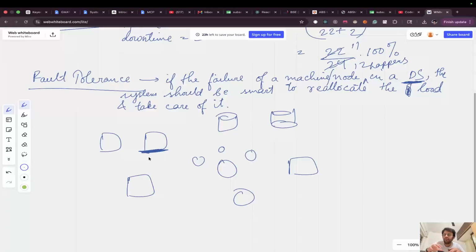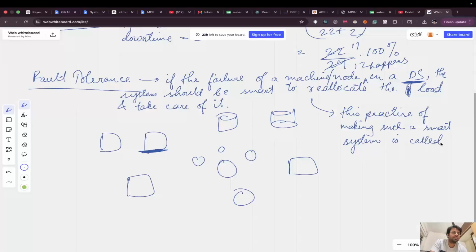Carefully designing a system such that even if a component of the system fails, the whole system is smart enough to reallocate load to some other parts of the system, this practice of making such a smart system is called fault tolerance.